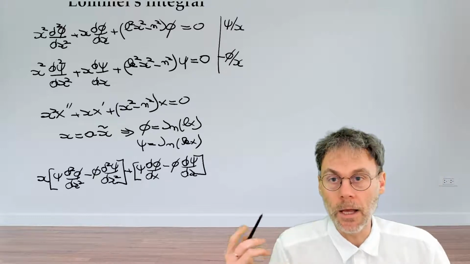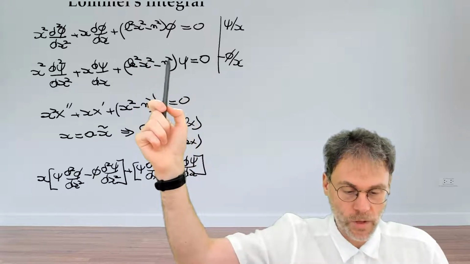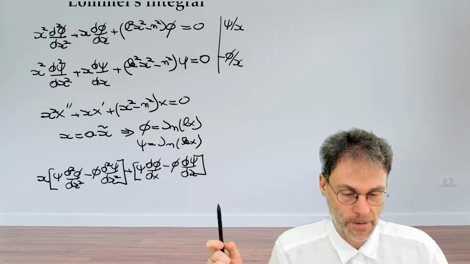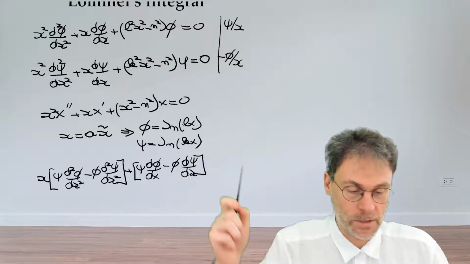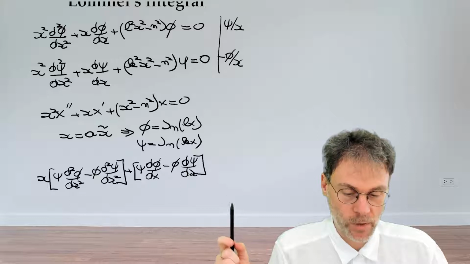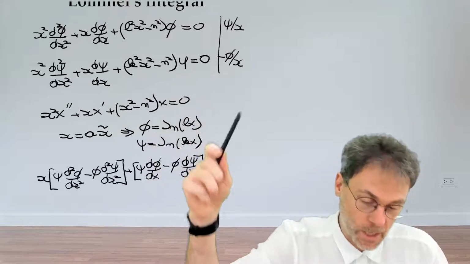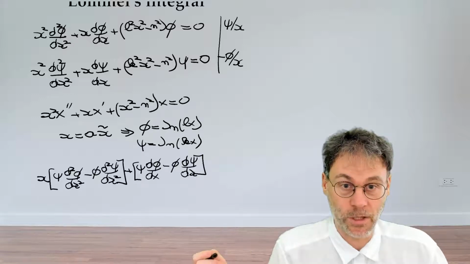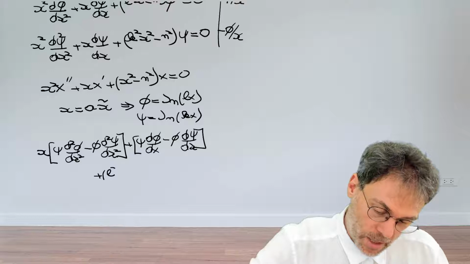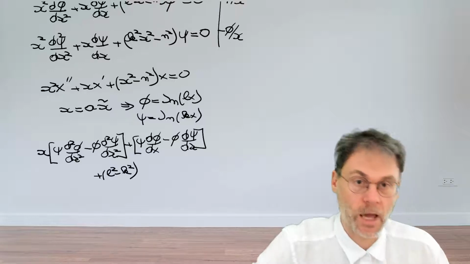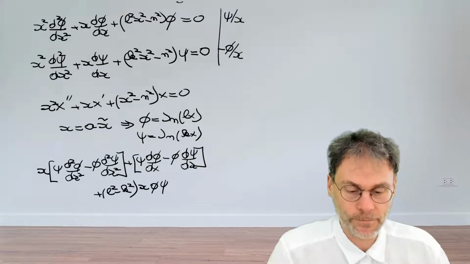Okay, let's have a look at these guys here. So we have L squared, and then we have x squared divided by x, so that's going to be x. So we have L squared x phi psi. And here we have minus k squared x phi psi. So we can combine those to give us (L squared minus k squared) x phi psi.